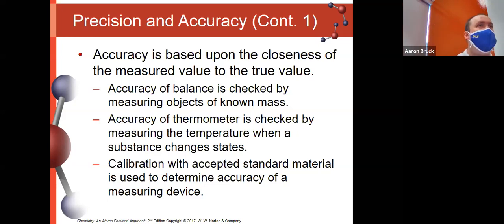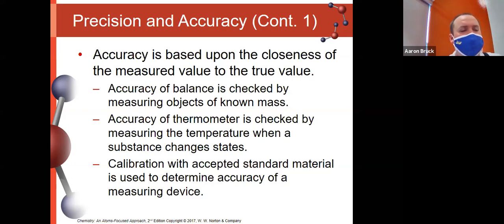We put it on the scale and we check. Okay, it says it's 25.00 grams, balance is working okay. Uh-oh, it says 19.47 grams. We need to recalibrate. Something's not right with the electronics. Maybe something's wrong with the balance itself and we need to replace it.